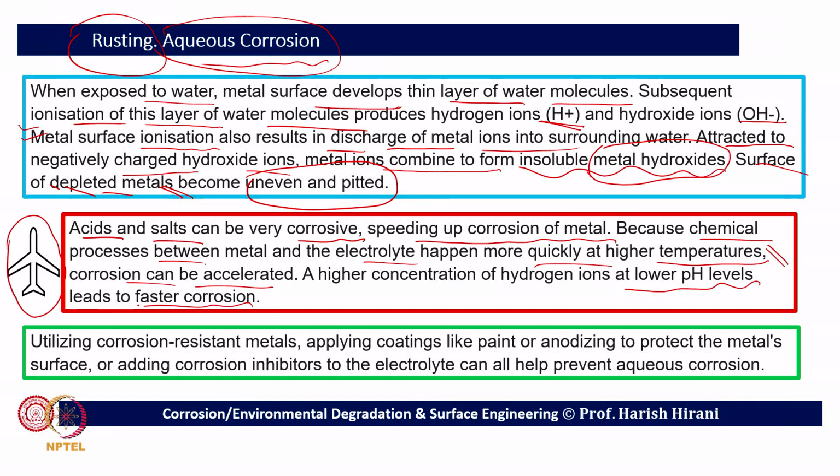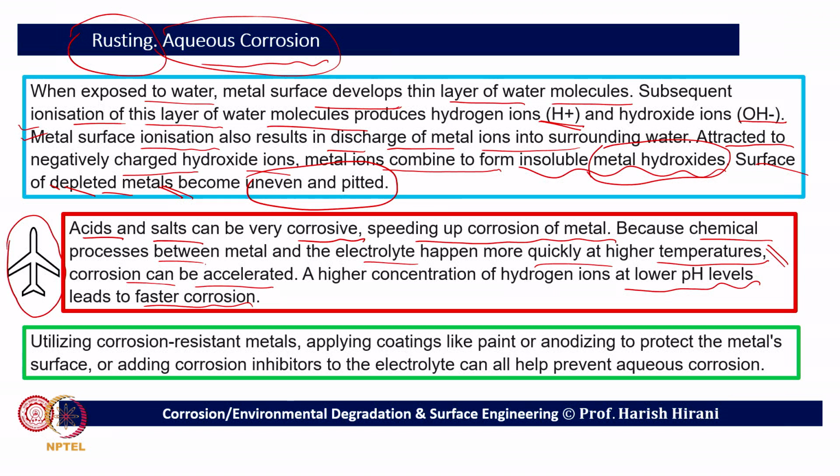So, if the pH value is decreasing and the temperature is increasing, the corrosion rate will really increase. So, we need to look at the environment, look at the solution, what kind of solution we are using, and how we can put some sort of barrier to prevent the corrosion or rusting in those cases.